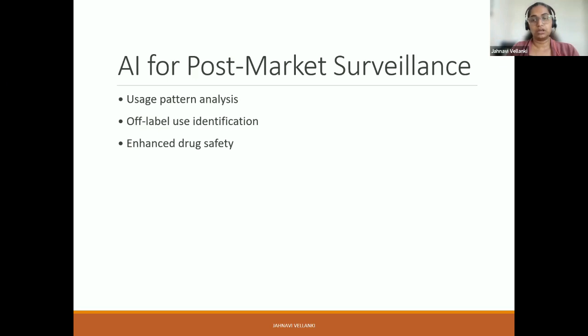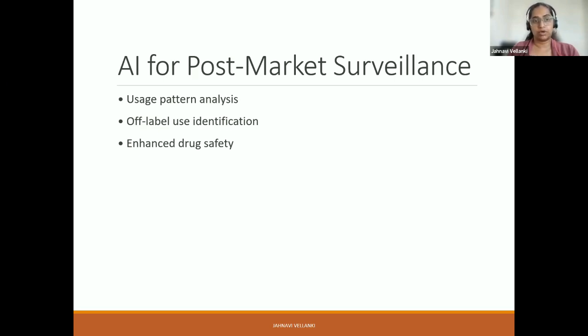With the study of large data sets, these machine learning models can identify usage that is not according to the expected usage, and thus identify off-label use or potential emerging safety issues that we may see.